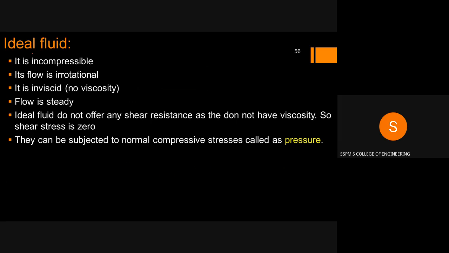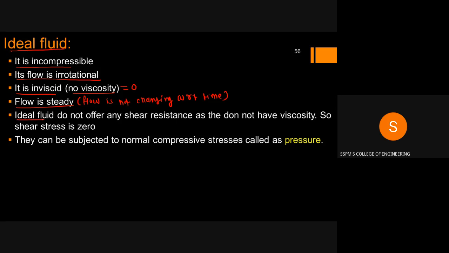Second, its flow is irrotational. Third, it is inviscid, so it has no viscosity. Viscosity is 0 for the ideal fluid. Flow is steady. It means flow is not changing with respect to time. So velocity and acceleration are not changing with respect to time.